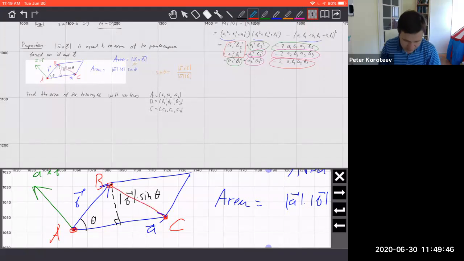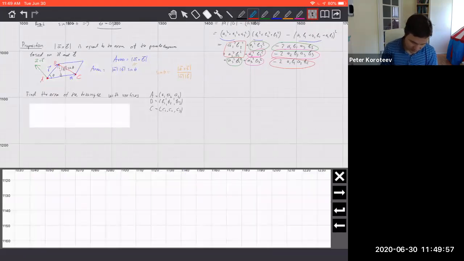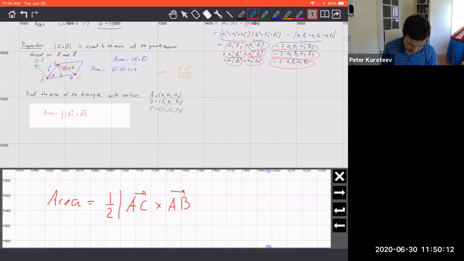It will have half of the area of the parallelogram. So you just need to calculate the cross product. The area of this triangle is half of the absolute value of AC cross AB.